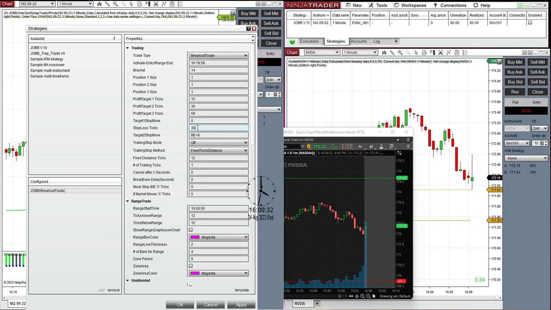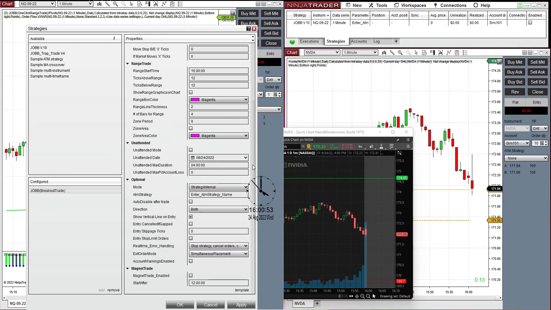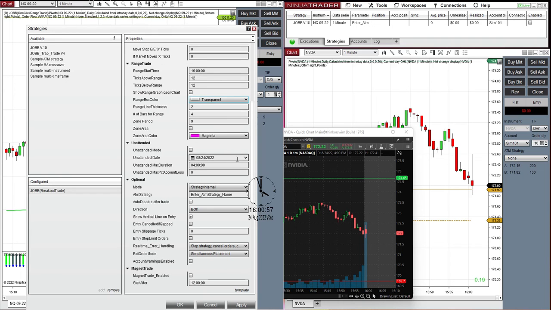If anything, we sometimes use stops that are too small, so I might go to 40 on the stop. If the second target gets hit, I'm going to move my stop to break even plus 8. And that's pretty much my trade. I'm not really doing anything with a range on this trade.